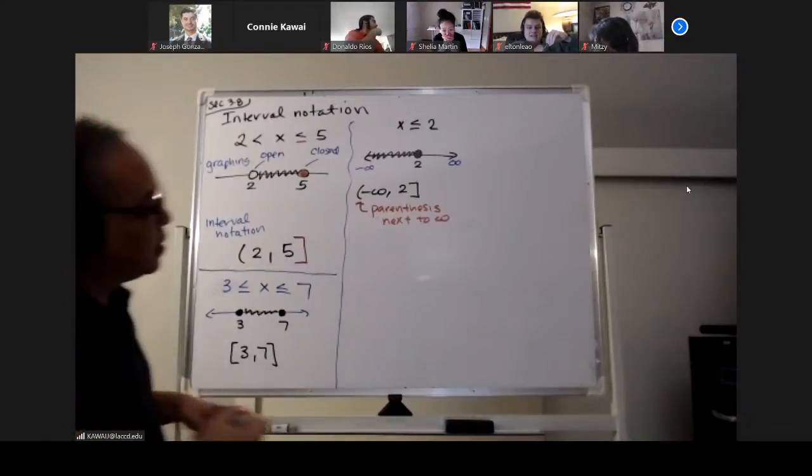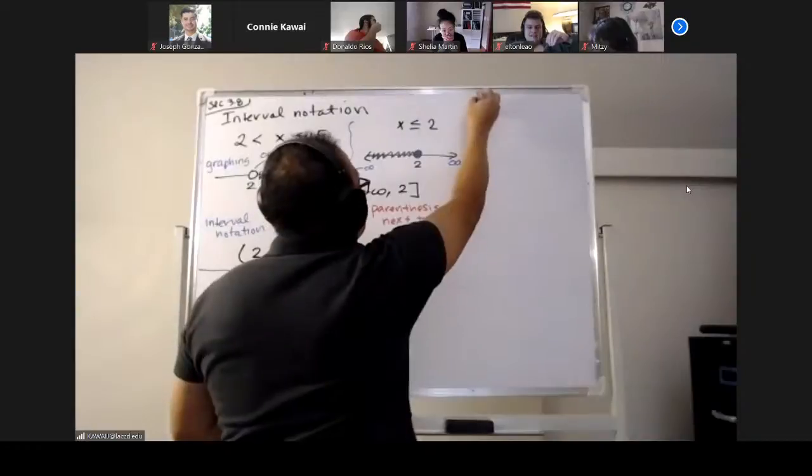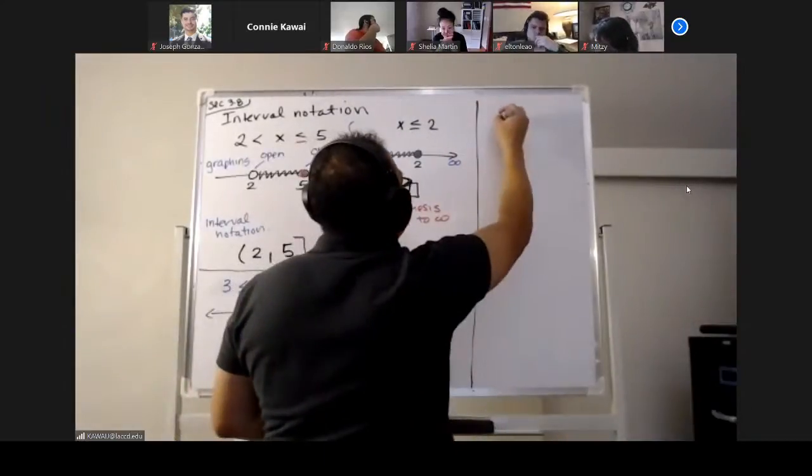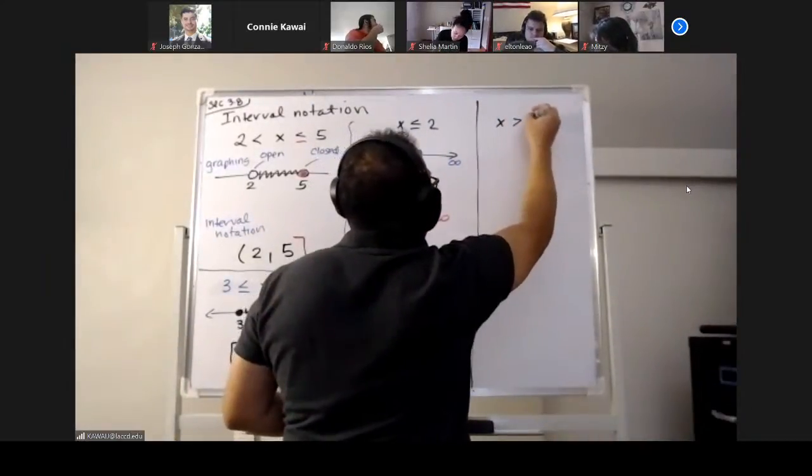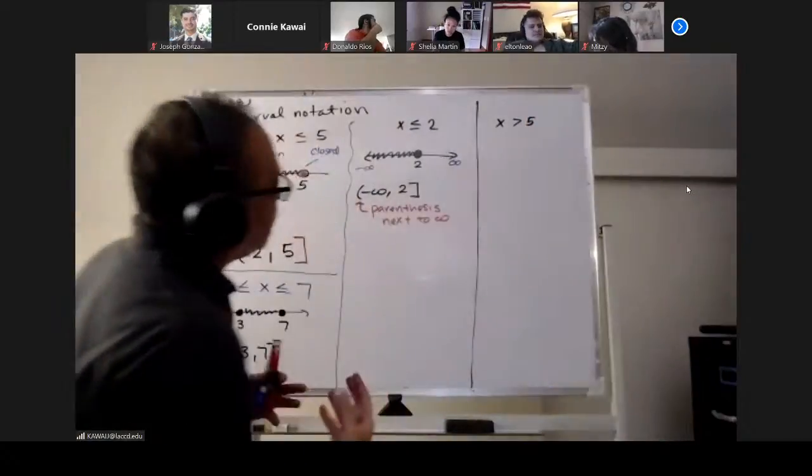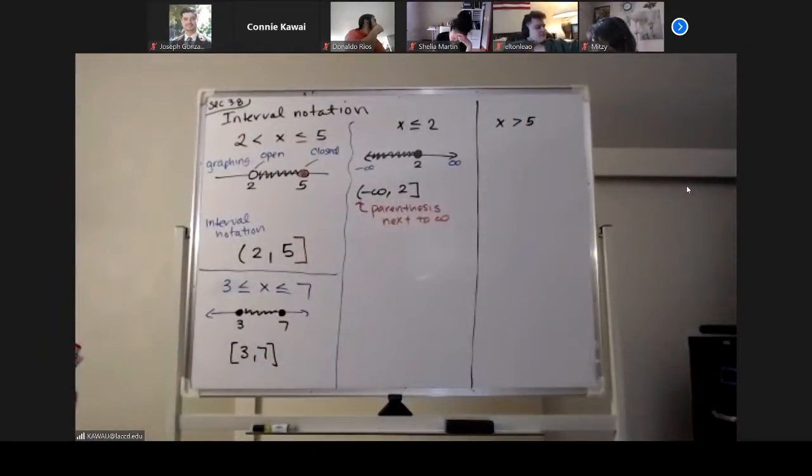Okay. So go ahead and try writing this to see if you can do it. All numbers bigger than 5. See if you can graph it and write it in interval notation.